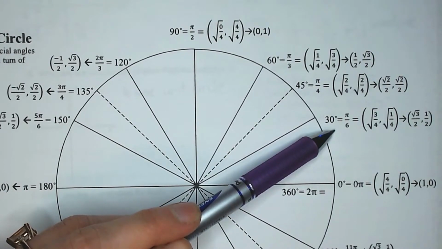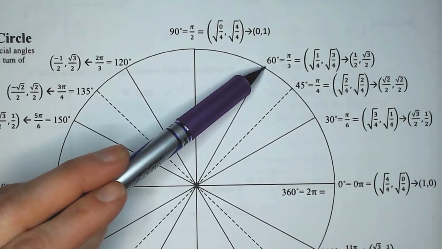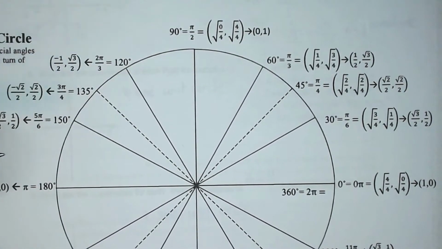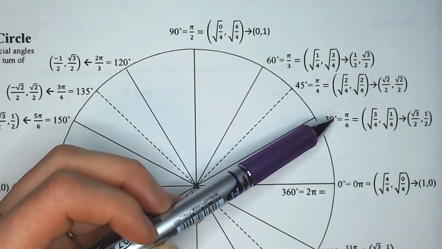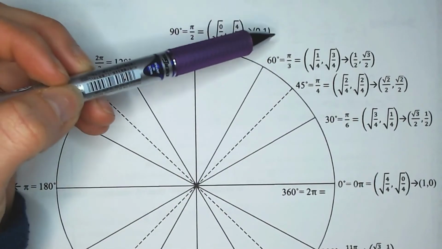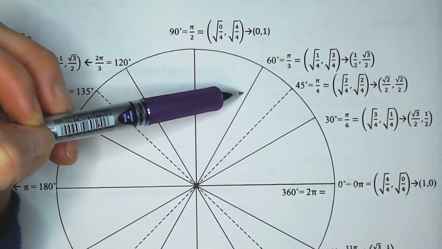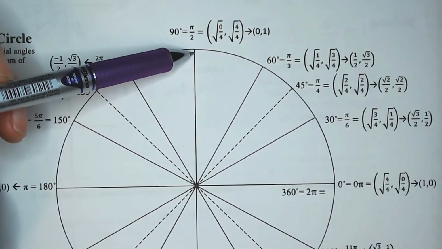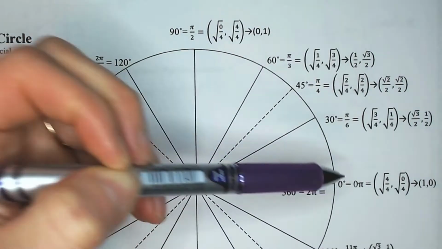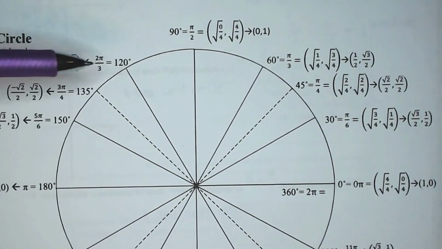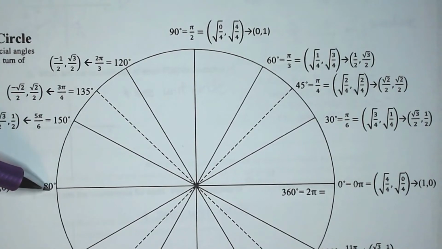Okay, 1 pi over 6, 2 pi over 6, 3 pi over 6, 4 pi over 6. And we have some patterns here. You can see here, starting at 30 degrees, we have 1 pi over 6, 2 pi over 6, 3 pi over 6, 4 pi over 6, 5 pi over 6, and 6 pi over 6. That gives us 1 pi, okay?